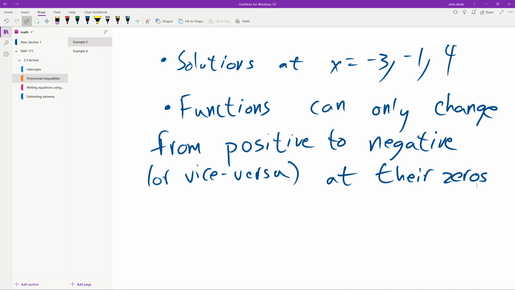So this particular function can only change its sign at these zeros, -3, -1, and 4.